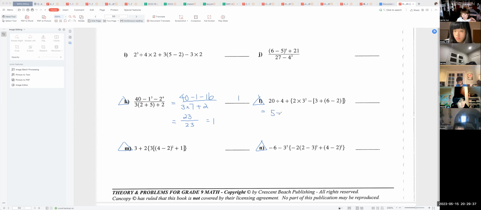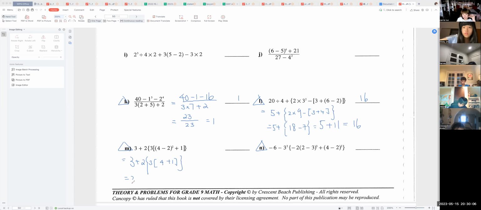Next: 1 plus 2 times 9 minus 3 plus 4 equals 5 plus 18 minus 7 equals 5 plus 11 equals 16. Next: 3 plus 2 times 3 times 4, because 4 minus 2 equals 2, 2 squared plus 1 equals 3, plus 2 times 3 times 5 equals 3 plus 2 times 15 equals 33.